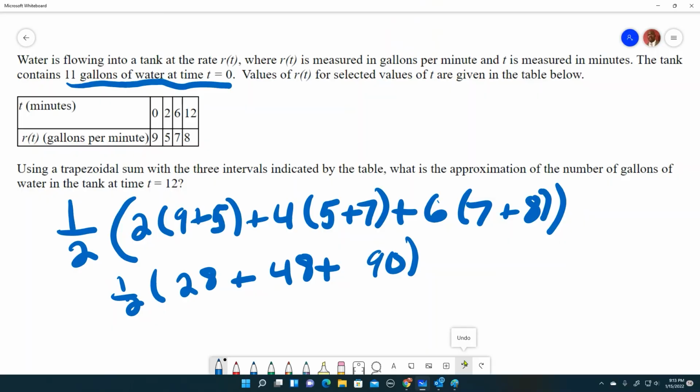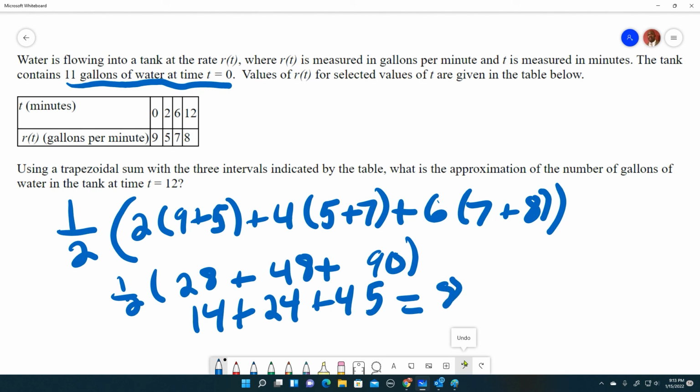So I'm just going to half all these. So this would be 14 plus 24 plus 45. Let's see what we get here. We have 38 here, and 38 plus 45 is 83. So we have 83.